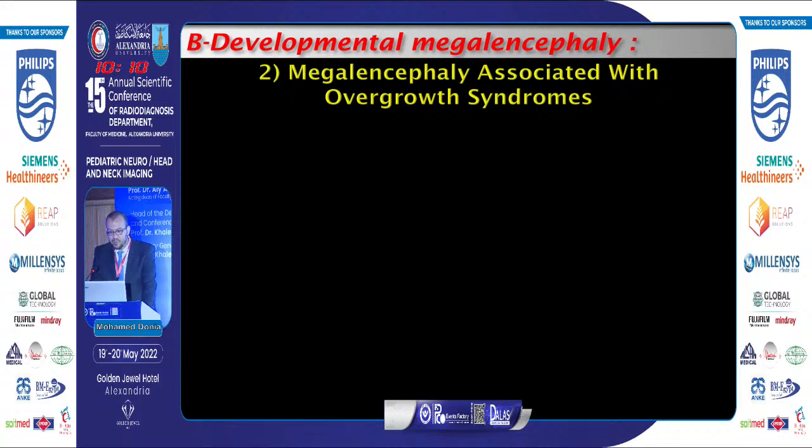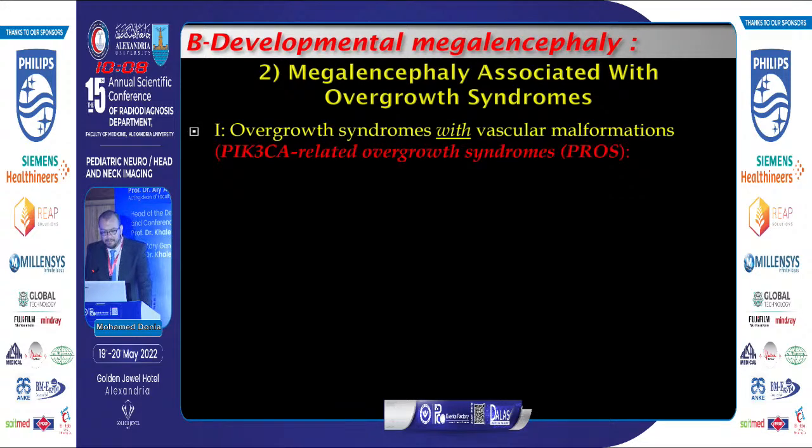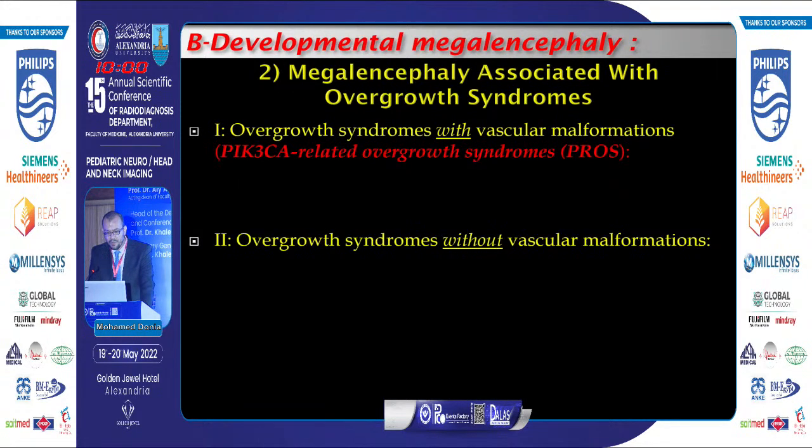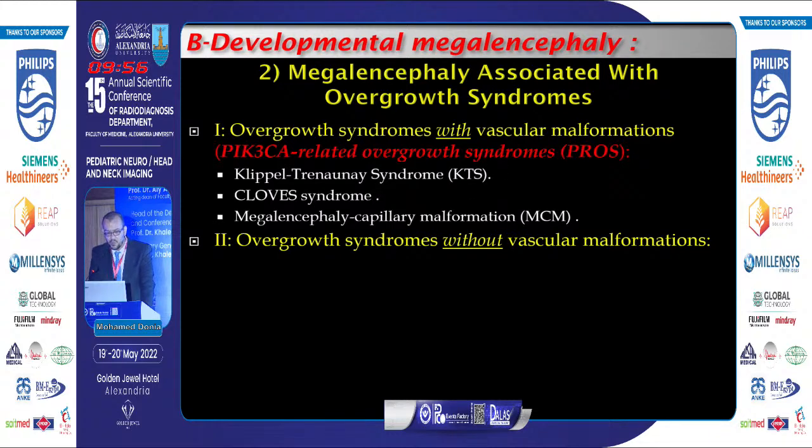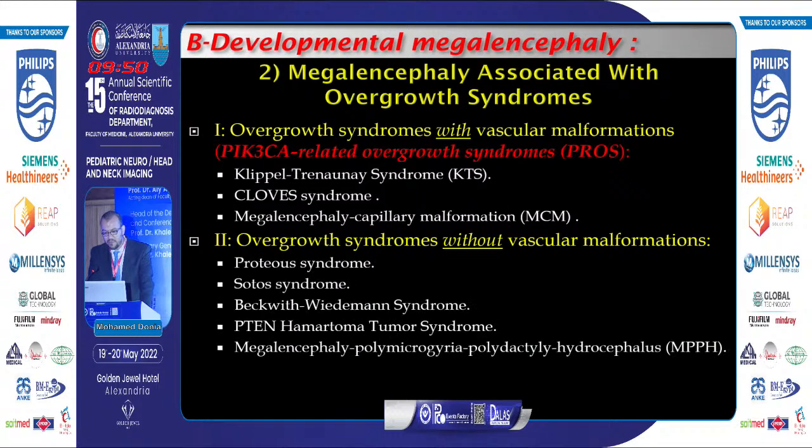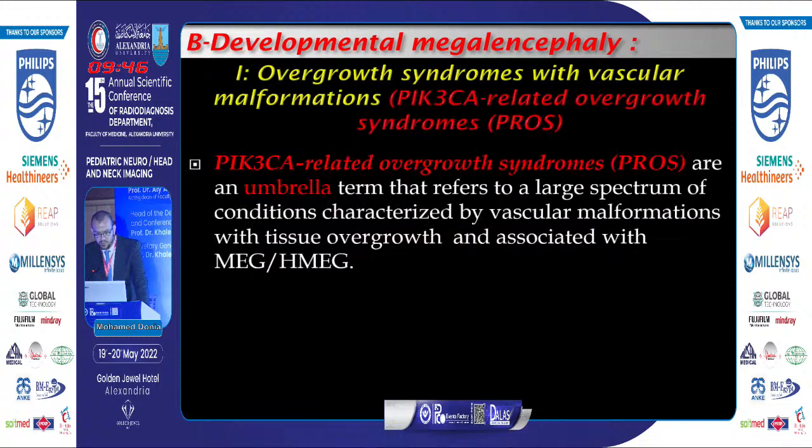Second is megalencephaly with overgrowth syndrome. It is divided into overgrowth syndrome with vascular malformation, the PIK3CA-related overgrowth spectrum, or overgrowth syndrome without vascular malformation. The spectrum includes Klippel-Trenaunay syndrome, CLOVES syndrome, and megalencephaly-capillary malformation, while those without vascular malformation include Proteus, Sotos, Beckwith-Wiedemann, and other syndromes.